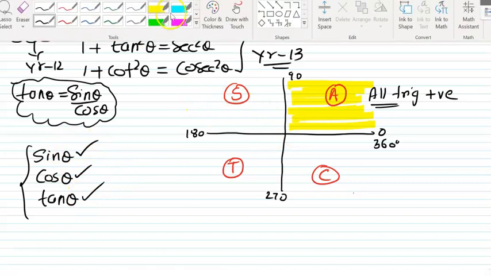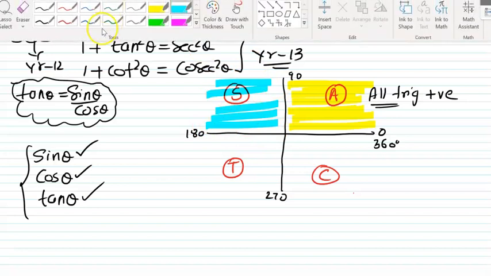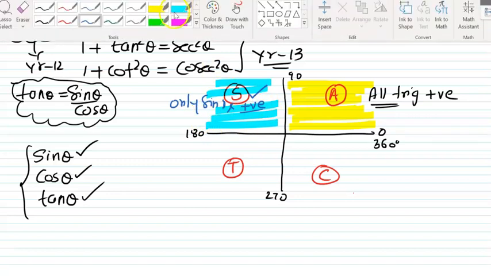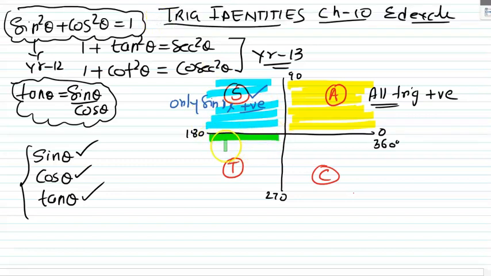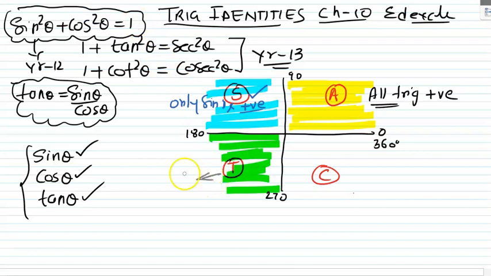Okay. In the second quadrant, in this blue one, only sine is positive because S is representing sine. So only sine is positive, the rest are negative. And if we go for the green one, between 180 and 270, here T is representing tan.